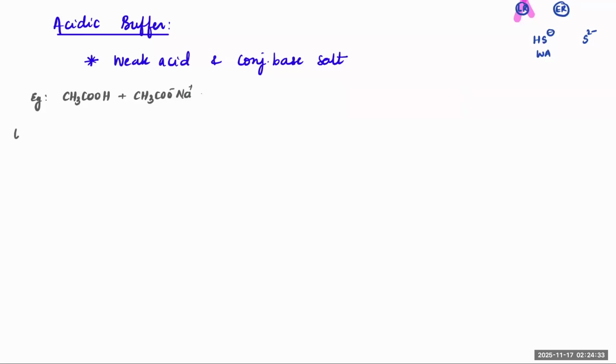Let's say the concentration of acid is A, concentration of salt is S. Now we know that CH3COOH in aqueous solution will ionize into CH3COO minus plus H plus. This will be the Ka value for it.